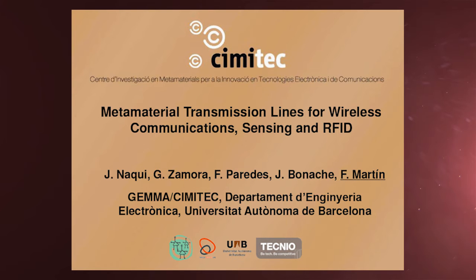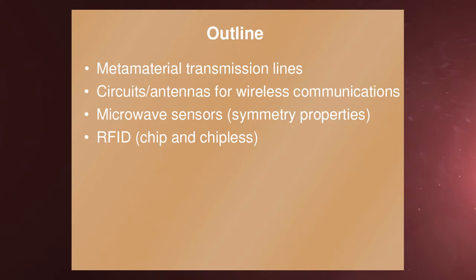And the outline today is this one. First of all, I will make a brief introduction to the topic of metamaterial transmission lines. After that, I will show you how to use these artificial transmission lines for the design of some kind of circuits and antennas useful for wireless communications.